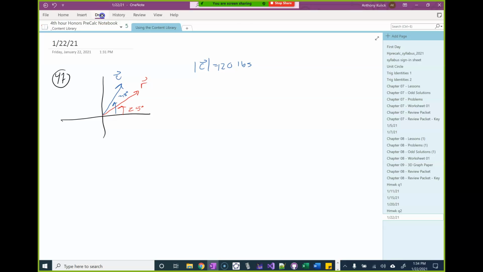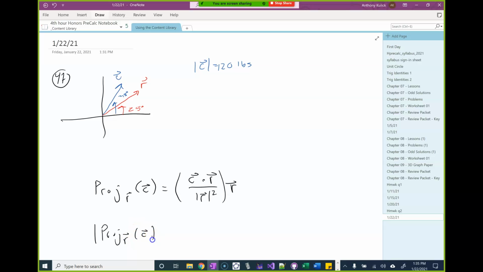So what we're looking for is the projection of C onto R. To do that, we do C dot R divided by the magnitude of R squared times the vector R. And then we're going to want the magnitude of that vector, which will be our answer.